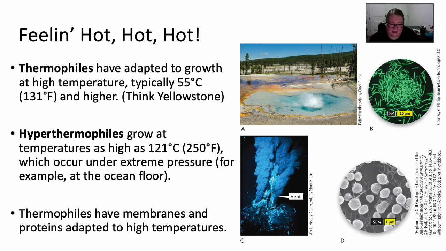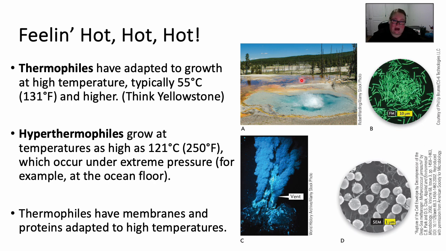So Grand Prismatic, which is one of the most famous features in Yellowstone, has all those really pretty yellows, oranges, greens, reds. Those are all caused by different thermophiles, which is pretty cool. Okay, so we have our picture of Yellowstone here from the textbook. Okay, so we see these greens and these yellows, and we see the kind of cyan color. These are all different microorganisms that we call thermophiles.